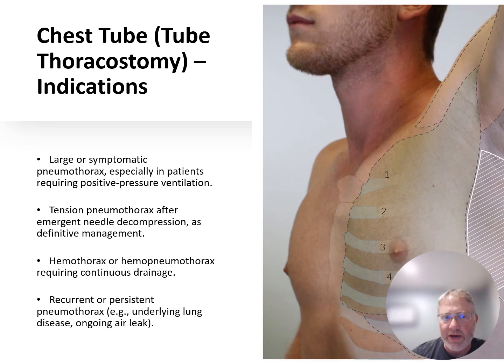Tension pneumothorax that you initially treat with the needle decompression usually still needs a chest tube. The catheter is a temporary vent, not a permanent solution. Patients with a hemothorax or a hemopneumothorax require continuous drainage, monitoring of blood loss, and the ability to detect ongoing bleeding, all functions of a chest tube system.